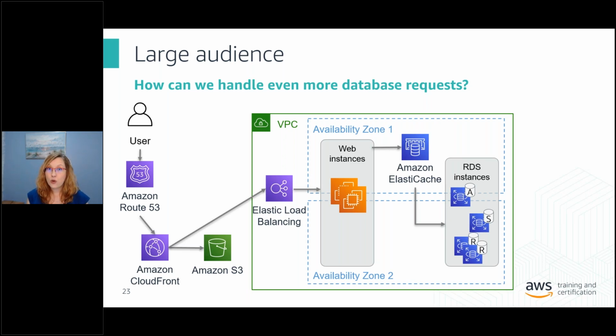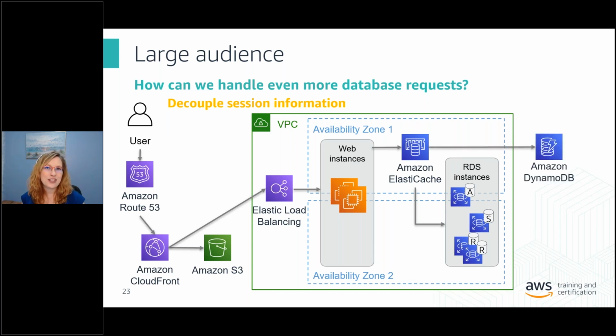However, as we grow and as we try to protect our RDS instances from being overutilized, we have the ability now through Elasticache to begin decoupling the session information from our RDS database. We do that with a service like Amazon DynamoDB. DynamoDB is an excellent database option when it comes to storing session information.